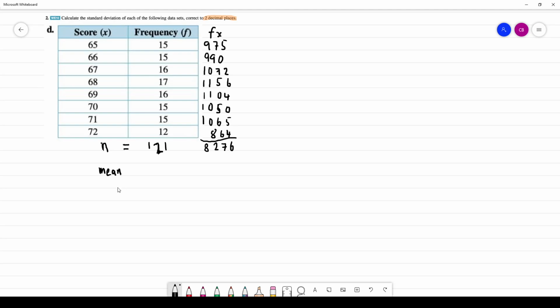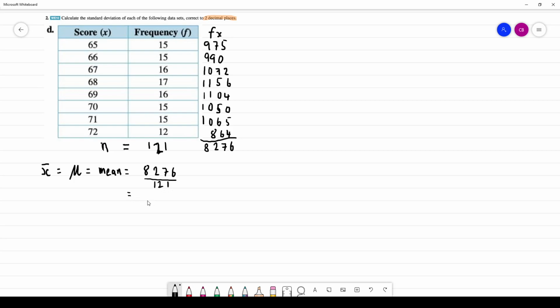Now there's a few ways that you could write mean. It could be written as x bar, or it could be written as mu, which is a Greek letter. So just keep an eye out for either of those notations going forward. We can work out the mean now, which is just 8,276 over 121.